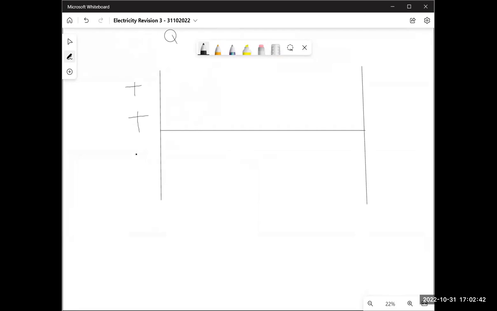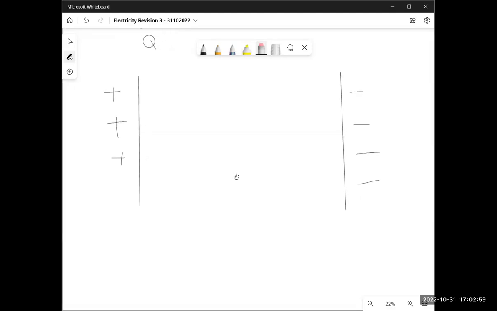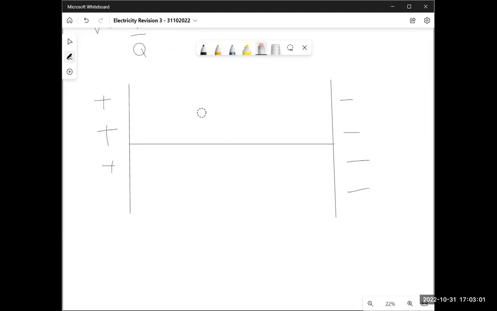Over here, I have positive charge 3, and over here I have negative charge 4. Now, which side has more charge? Tell me.